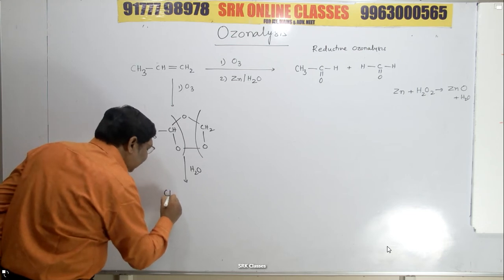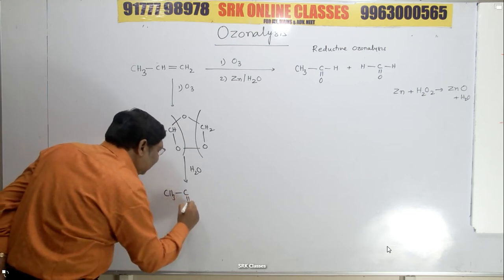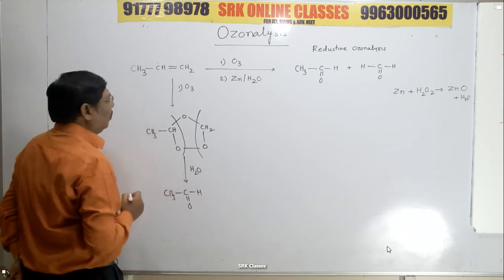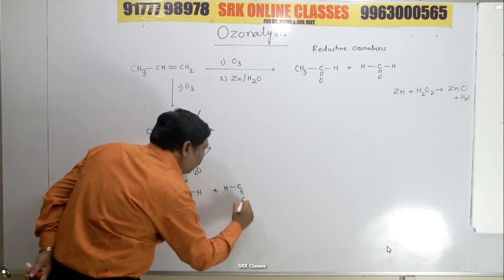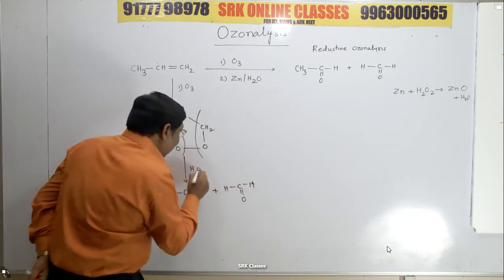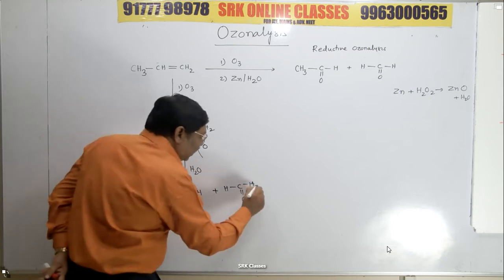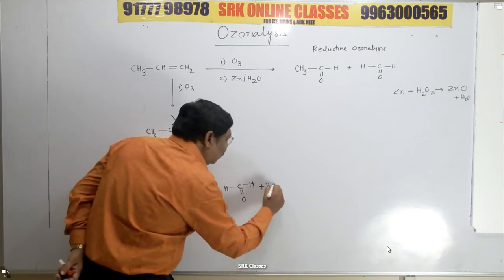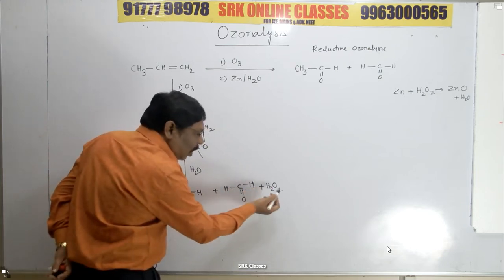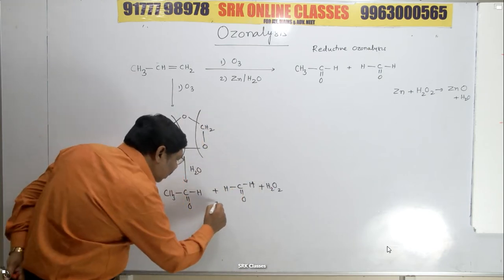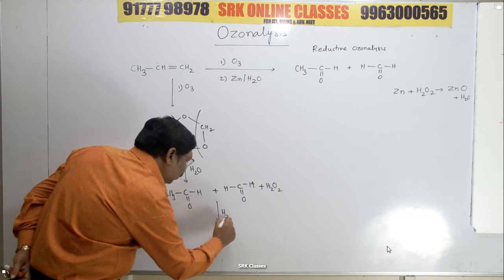First part is CH3-CH=O, second part is H-CH=O. And this H2O combined with oxygen is converted to what? Hydrogen peroxide.